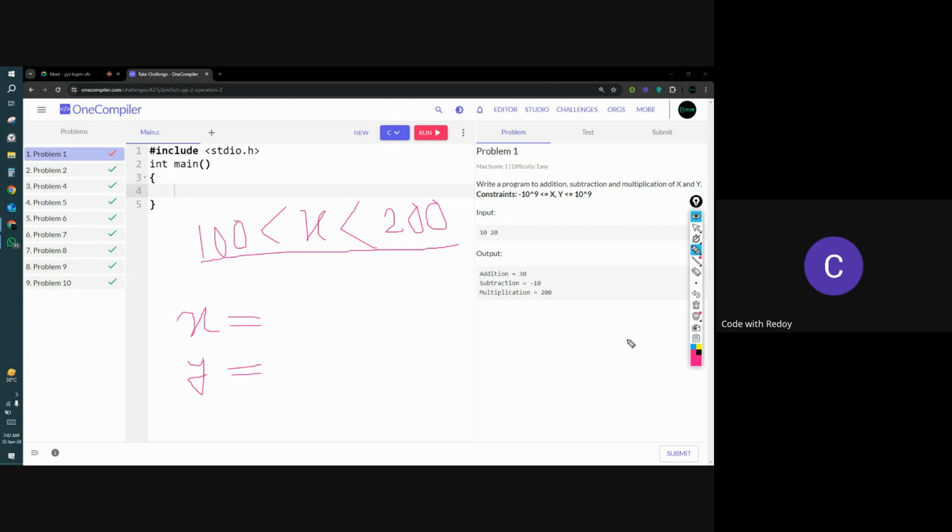That means you can use two variables here, x and y. The value of x must be between 101 to 199, and for y, the same.